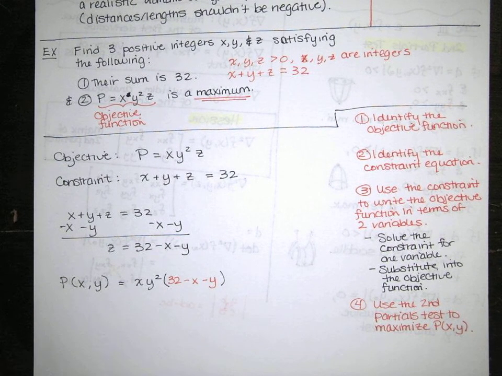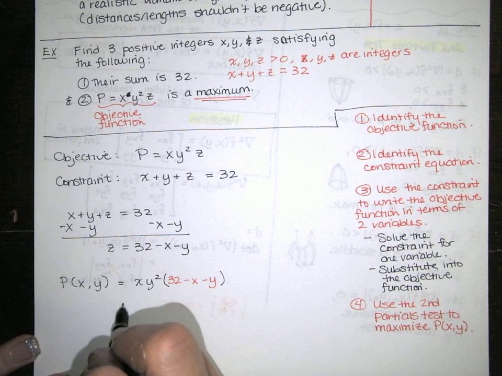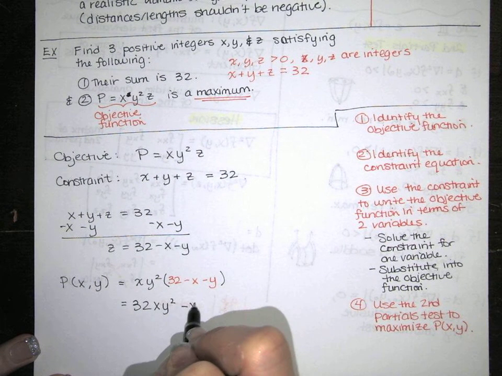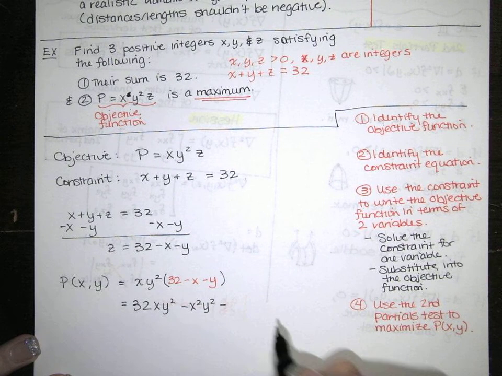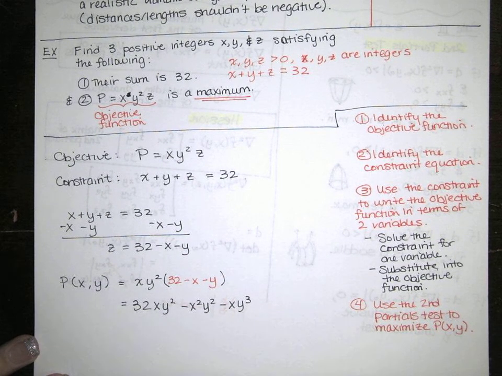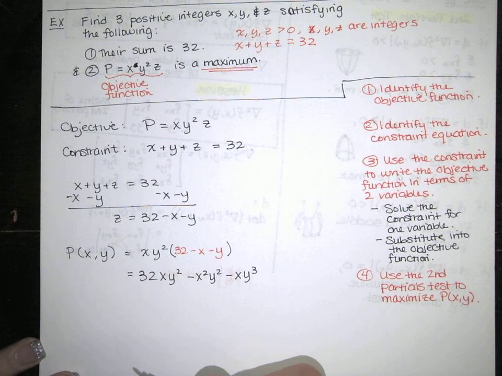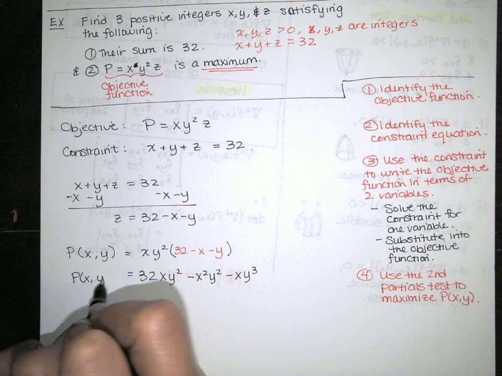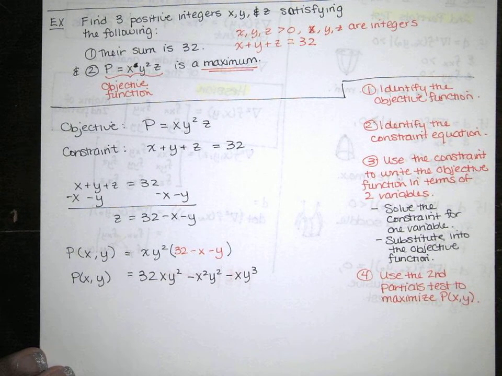Okay, so we'll distribute. We have 32xy squared minus x squared y squared minus xy cubed. And the first thing we need to do when we are using a second partials test is find the critical points.